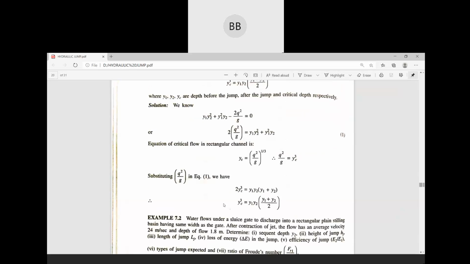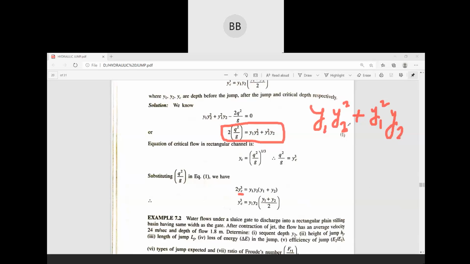After that, we are going to substitute this q square by g is equal to yc cube in this equation. So in place of q square by g, we will write yc cube. Then in the right hand side, we have y1 y2 square plus y1 square y2.